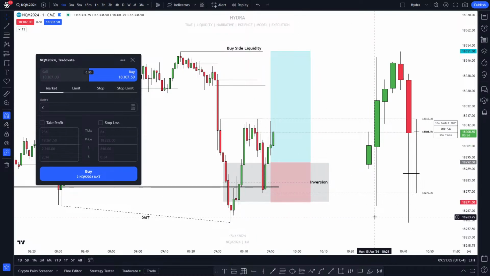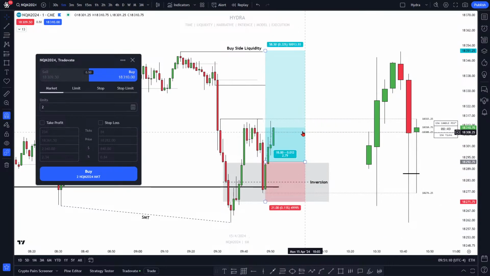One minute more. Anyone took this trade already? Let me know in the chat if anyone took it.